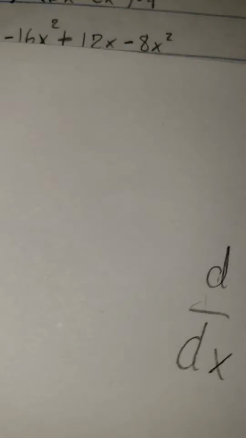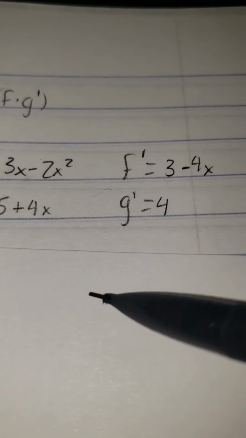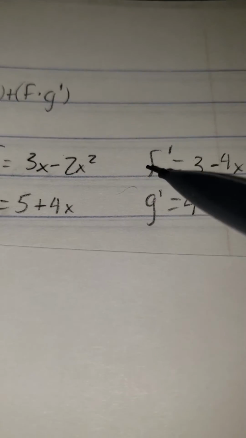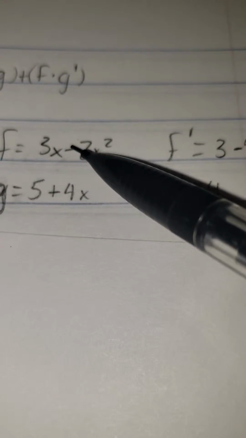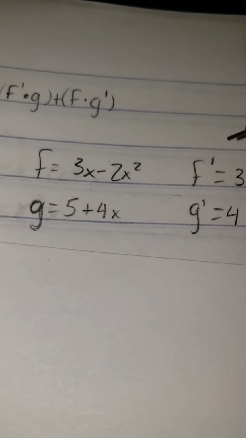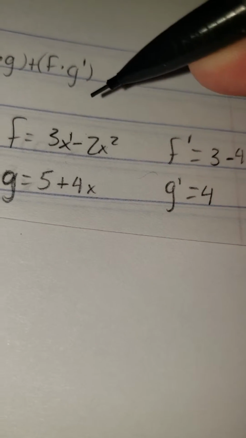So, with that in mind, we have the power rule of the function f, which is this one right here. In this case, x has an invisible to the power of 1, so when you change that, it's going to be 1 times 3.